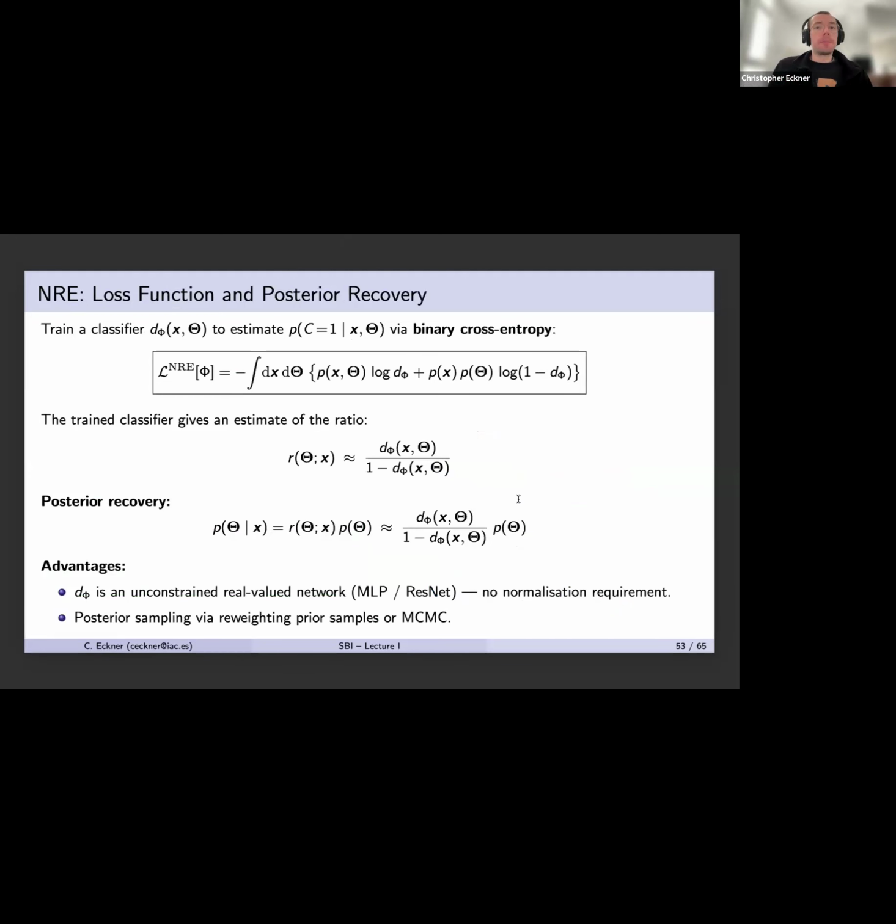Now, this is exactly what you do in terms of the loss function of neural ratio estimation. You want the optimal binary cross entropy to be minimized, which would give you the best classifier.